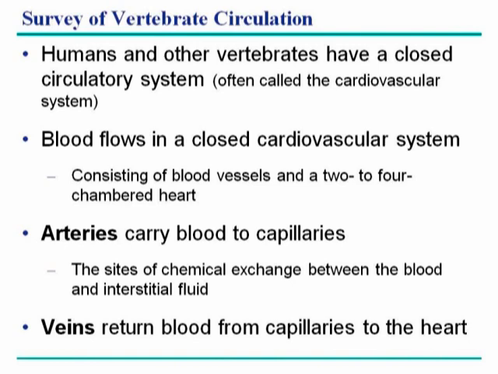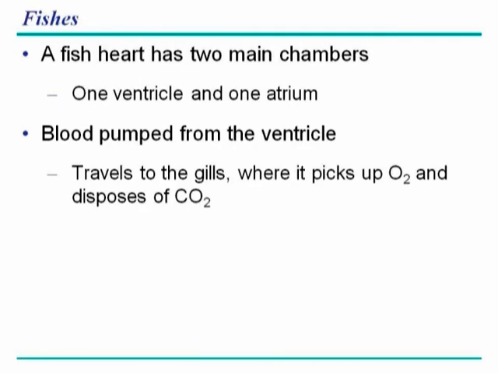On the other hand, veins return blood from the capillaries to the heart, okay? A fish heart has two main chambers, one ventricle and one atrium. From the ventricle, blood travels to the gills, where it picks up oxygen gas and disposes of carbon dioxide gas.